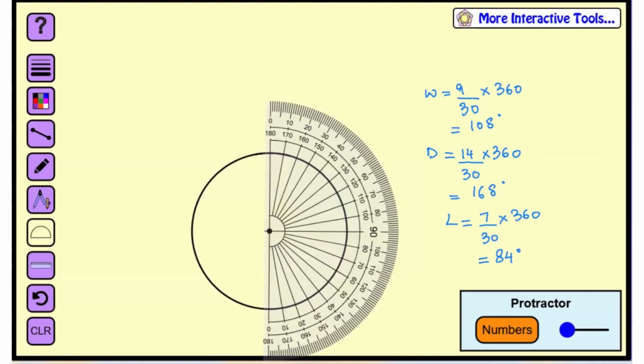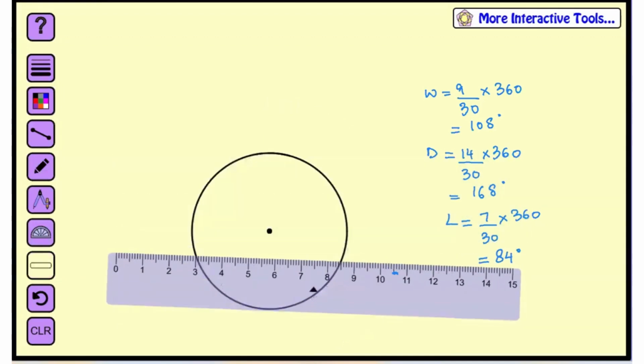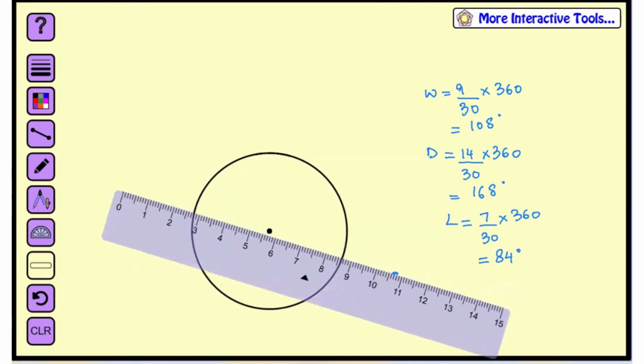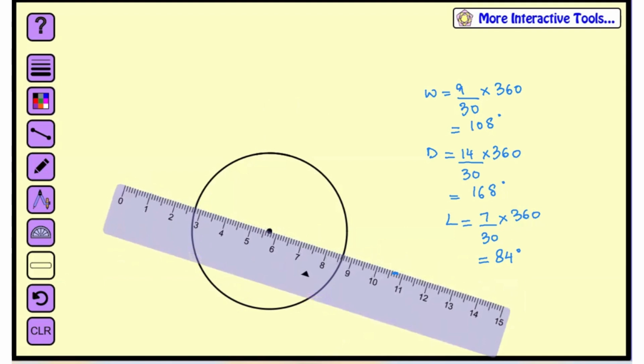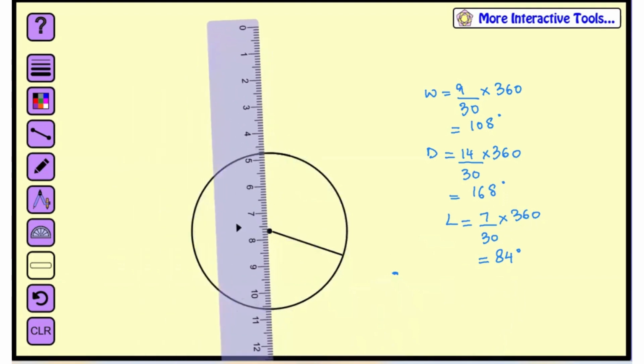So 108 is going to come over here. So we put this. That's 108. Then we draw a straight line over here.